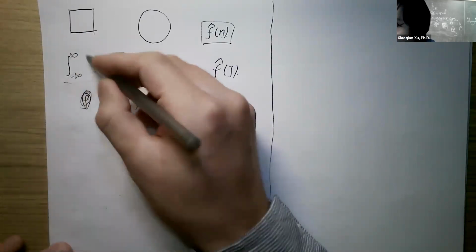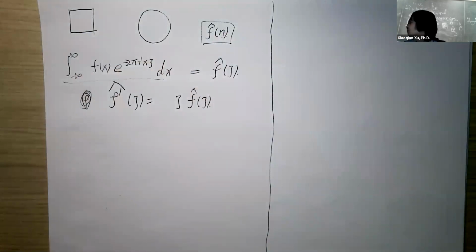But of course, if we would like to do this kind of transform of a function, we will need this whole space integral to be valid for the function.